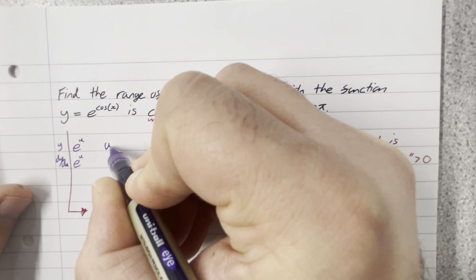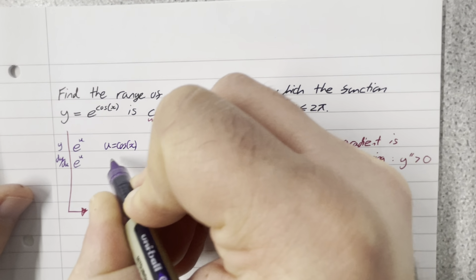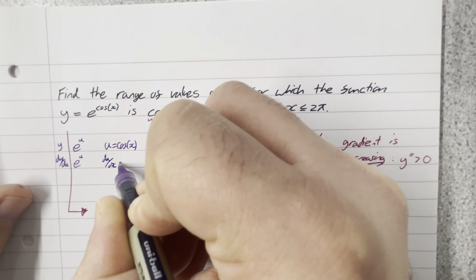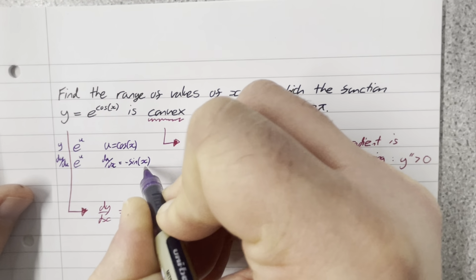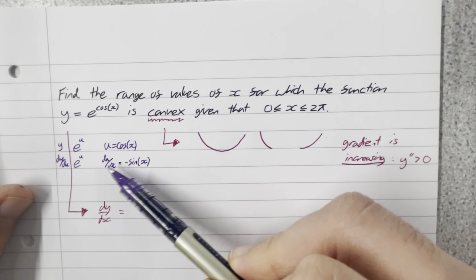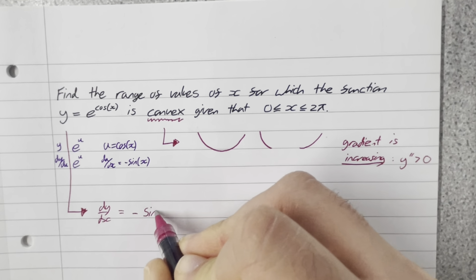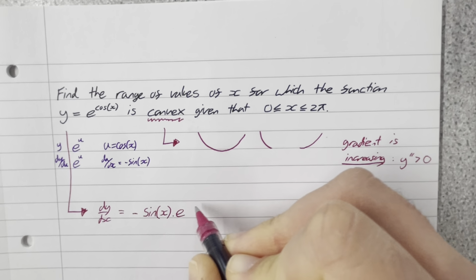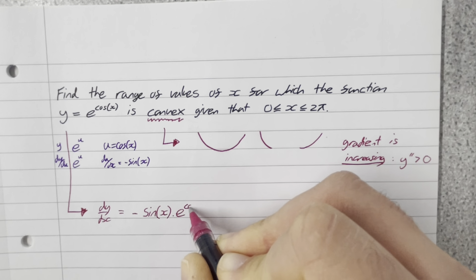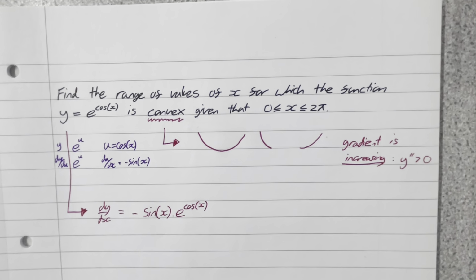And u is going to be cos x, so du by dx is going to be minus sine x. Therefore, dy by dx is the product of these two, okay, by the chain rule. So that is going to be negative sine of x times e to the cos x. Okay, that's the first derivative.